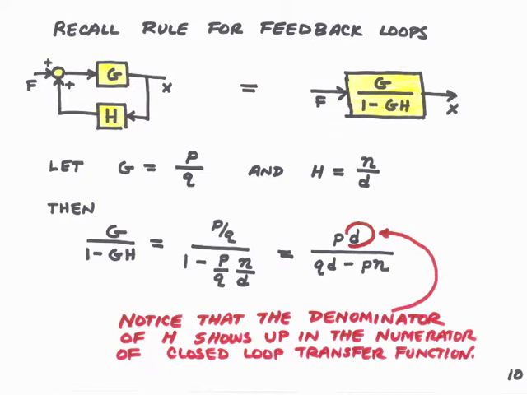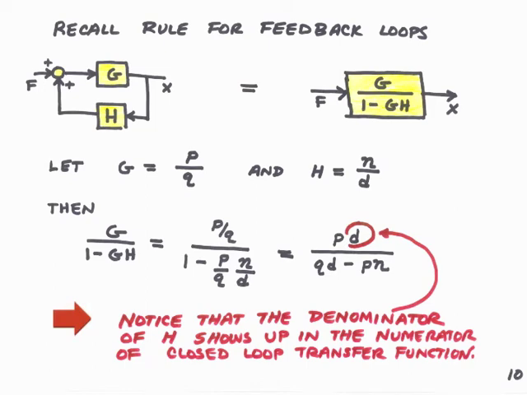So you'll note that the numerator polynomial of the closed loop transfer function will be p times d, where p is the numerator of transfer function g and d is the denominator of transfer function h.